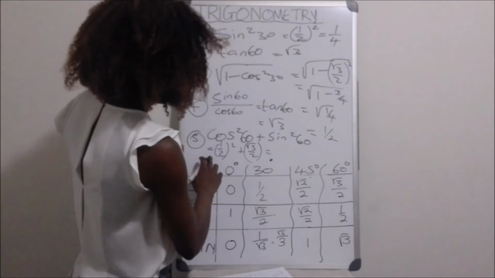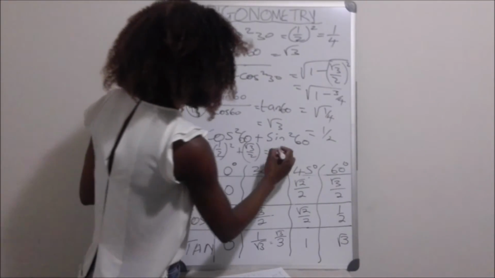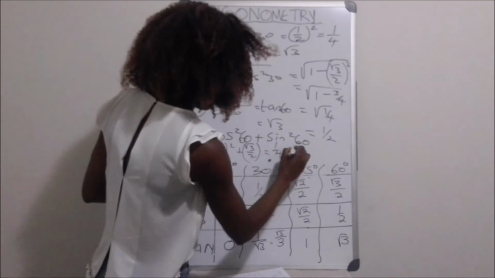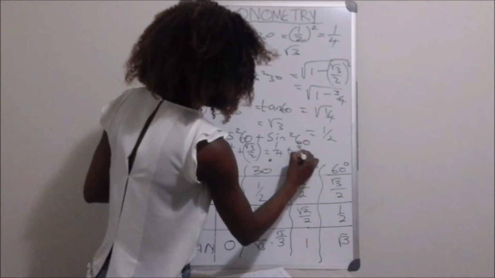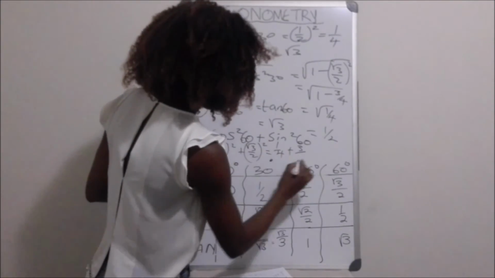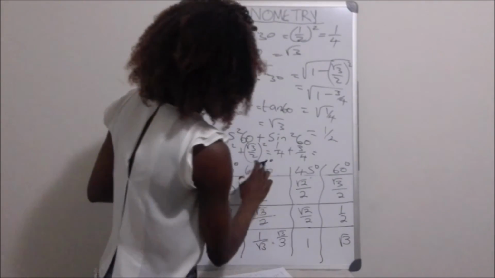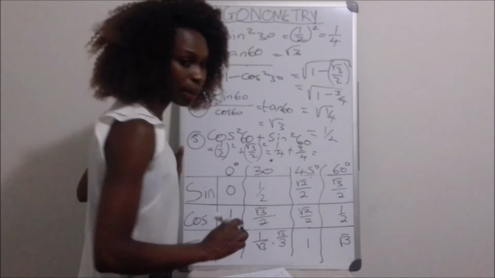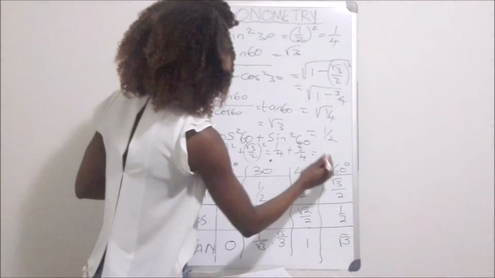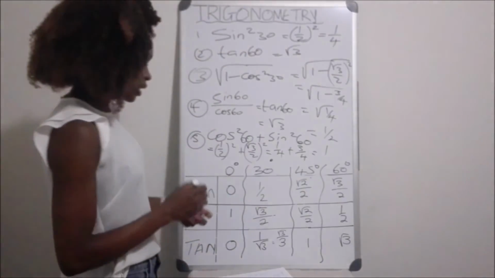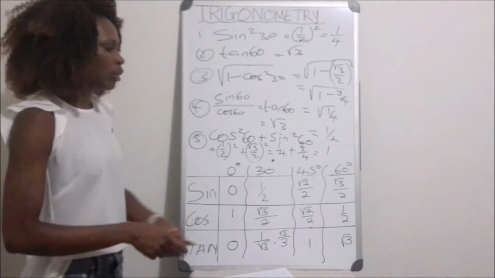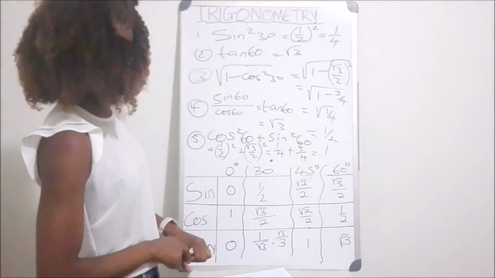The answer will be 1 over 4 plus 3 over 4. Then 1 plus 3 is 4, divided by 4, which is 1. Cos squared 60 plus sine squared 60 is equal to 1, as we have calculated.